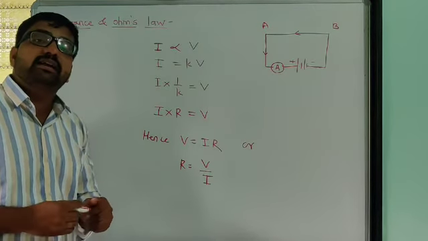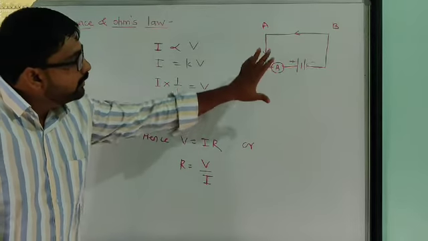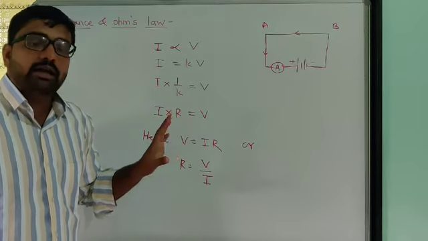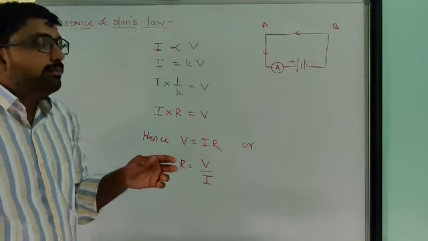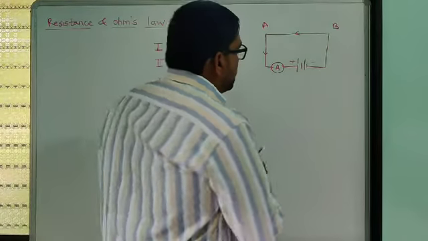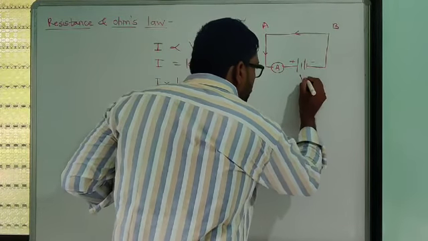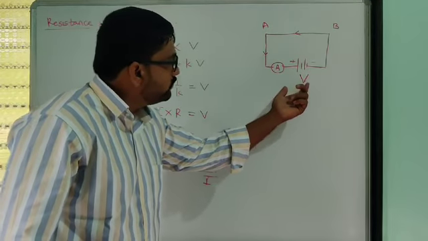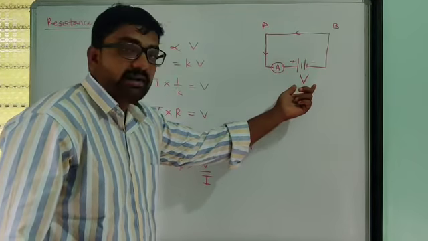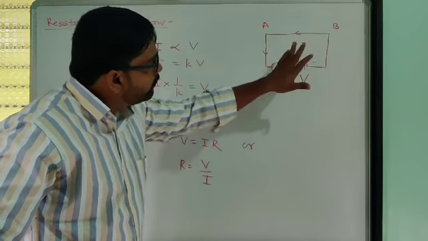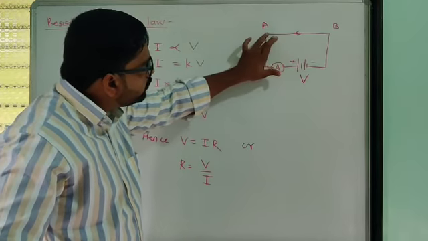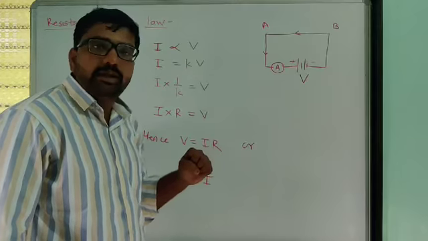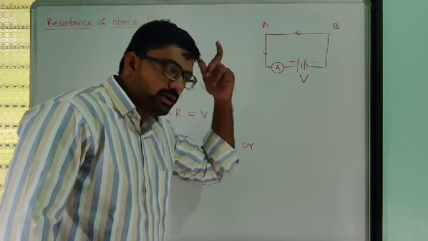How much electric current will flow through wire AB depends on the potential difference. Potential difference has the unit volt, and we denote it by V. So how much current flows through wire AB depends on this potential difference.